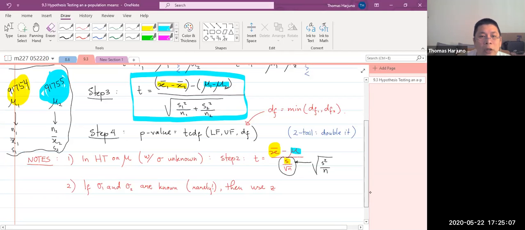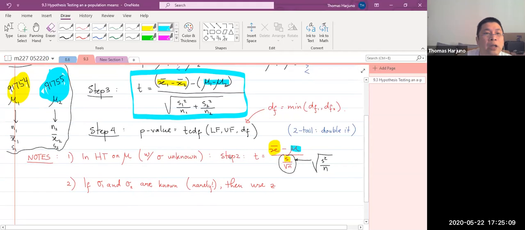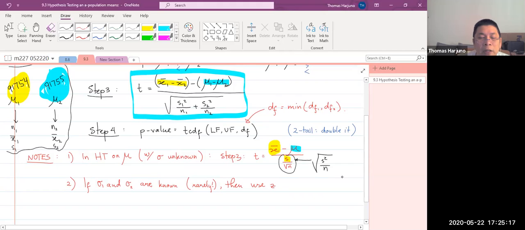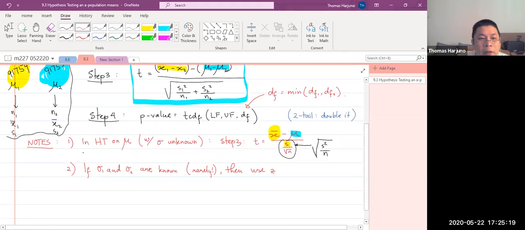Some notes on step 3 that I said earlier. It's actually a modification from what we have in chapter 8. What if we instead have sigma 1, sigma 2? Just like before, if you know the population standard deviation, you will go back to the standard normal distribution.